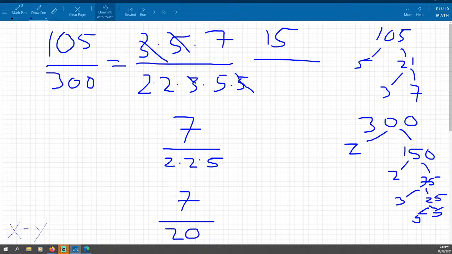So remember earlier when we factored everything out and we had 15. So instead of doing all these steps, you could just say, okay, 15. So what does 15 go into 105? That's 7. 15 goes into 300, 20. So that's another way of doing it with the greatest common factor.